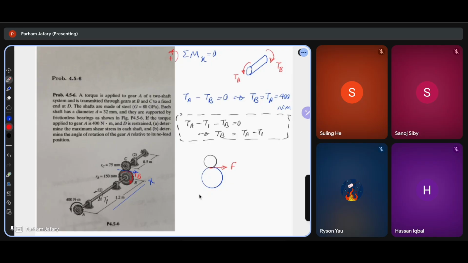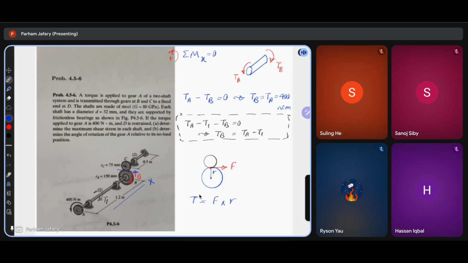I can write the moment as F times the radius, right?